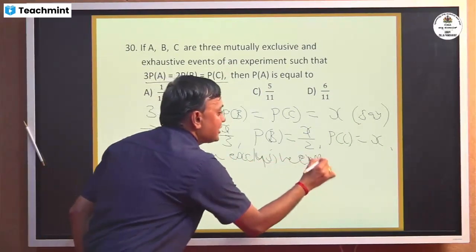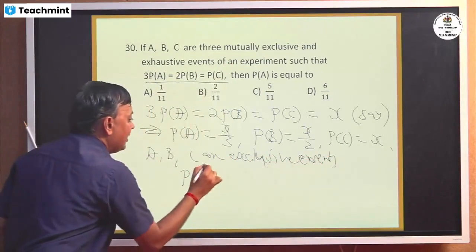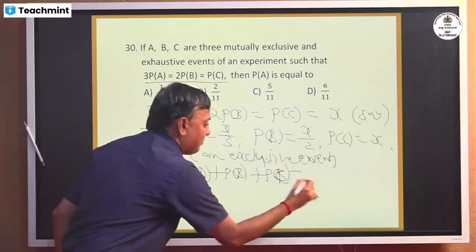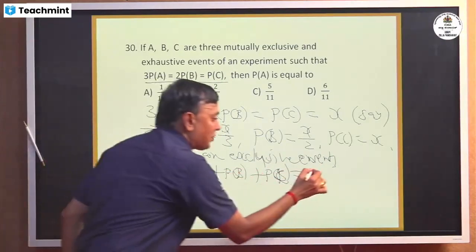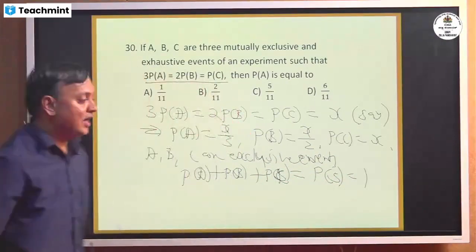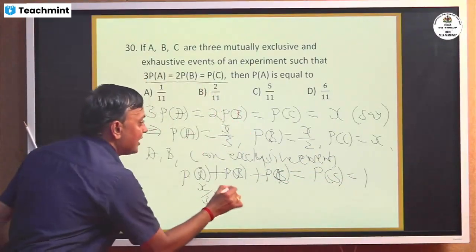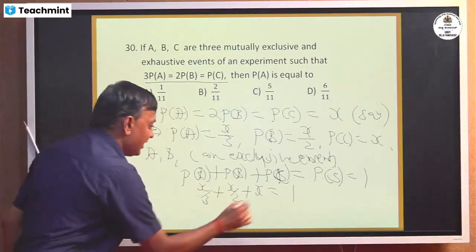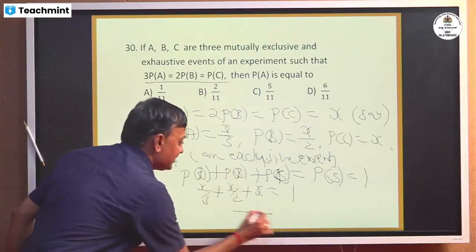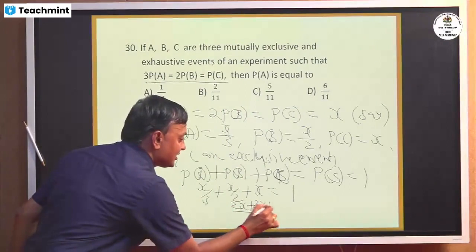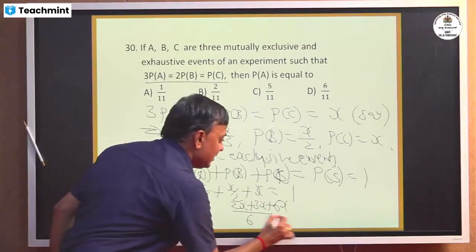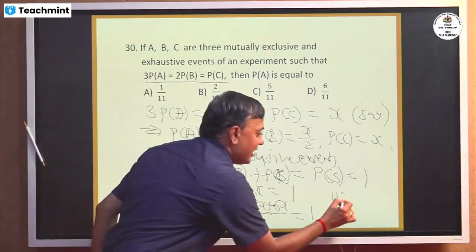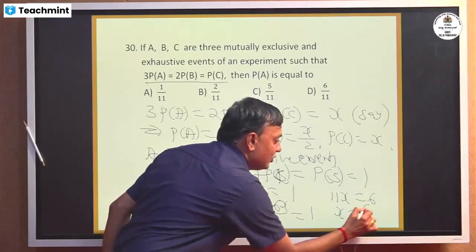So probability of A plus probability of B plus probability of C is equal to probability of the sure event, 1. Substituting, X by 3 plus X by 2 plus X is equal to 1. On taking LCM 6 and cross multiplying, we get 2X plus 3X plus 6X is equal to 6, so 11X is equal to 6. X is equal to 6 by 11.